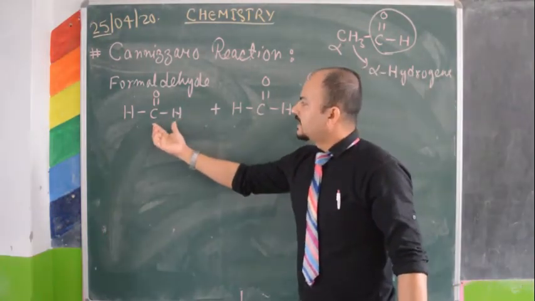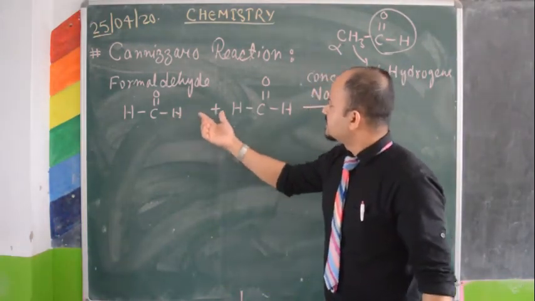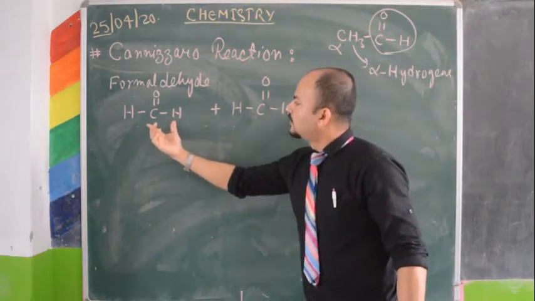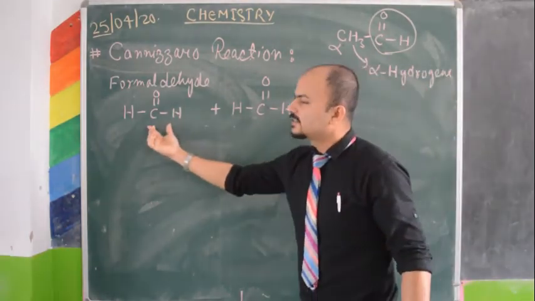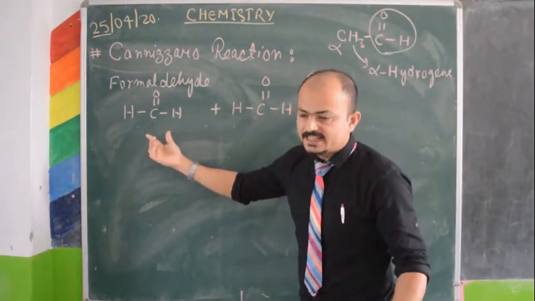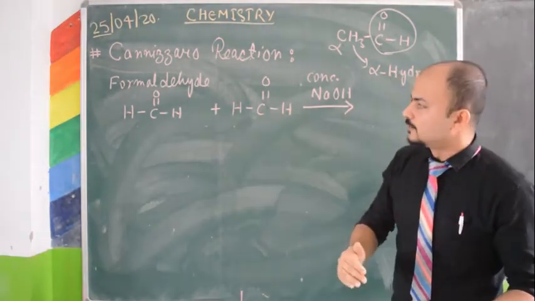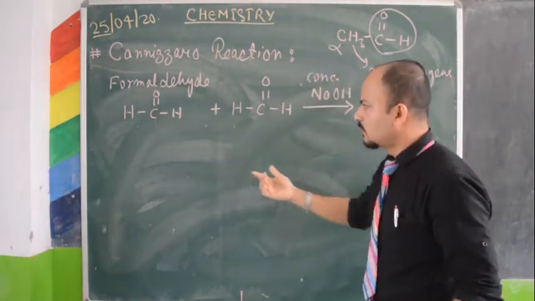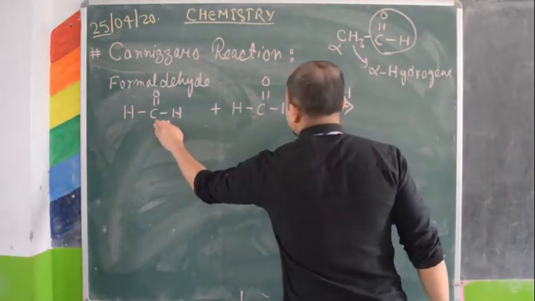Whenever aldehydes which do not contain alpha hydrogen react in presence of concentrated base, one molecule will be oxidized. If it is oxidized, you will be getting carboxylic anion, and the other molecule will be reduced. So one molecule will be oxidized, the other molecule will be reduced.